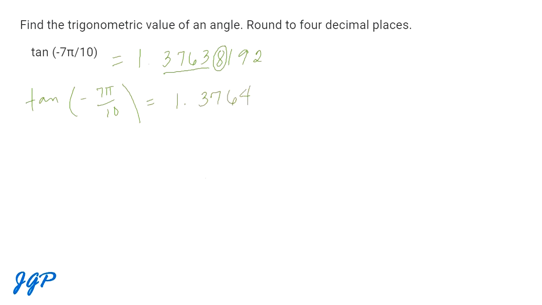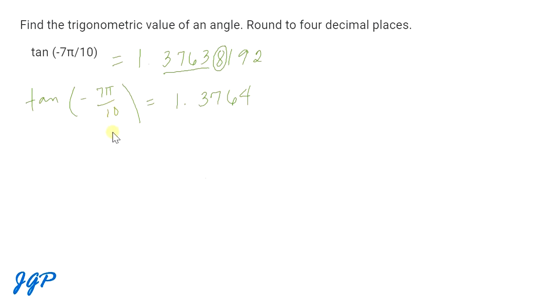Ayan, magtataka ka ngayon. Ma'am, why is it our answer is positive kahit ang given mo ay negative 7 pi over 10? Actually, parehas lang din naman yan nung last example natin. You should know the signs of trig functions per quadrant.